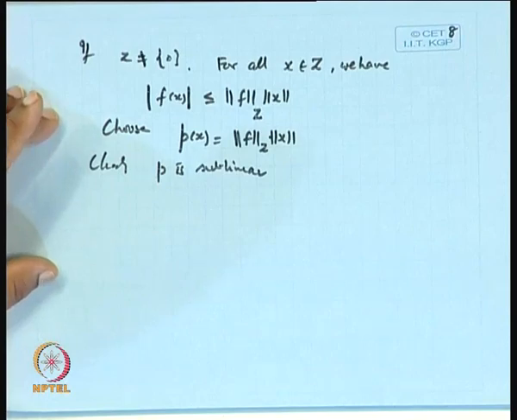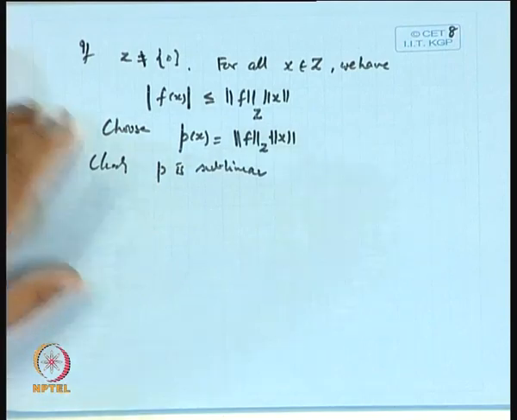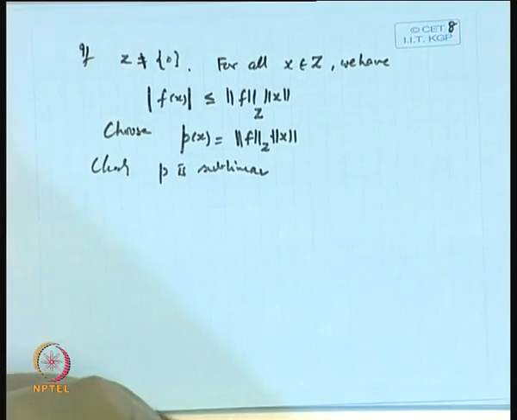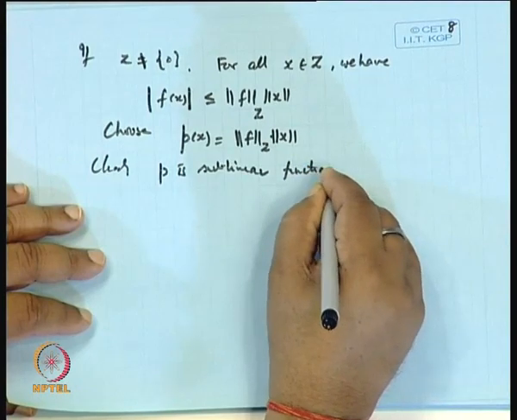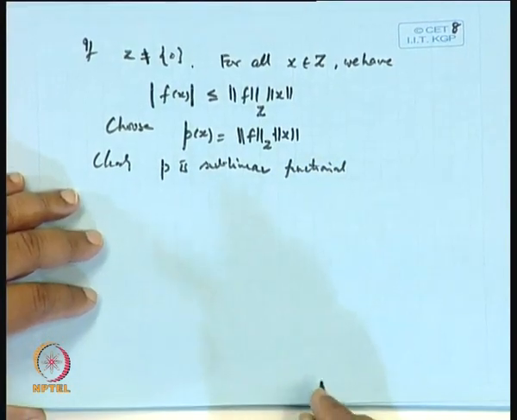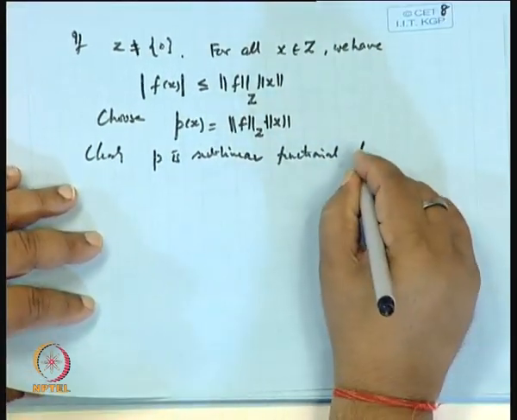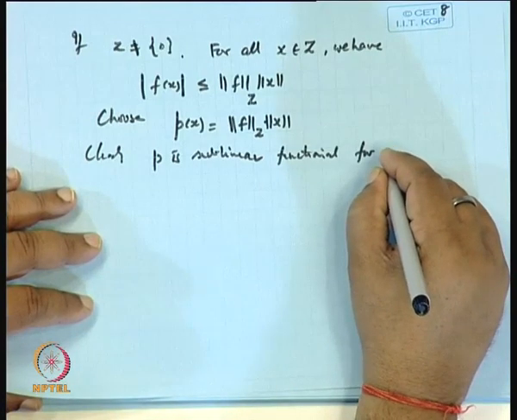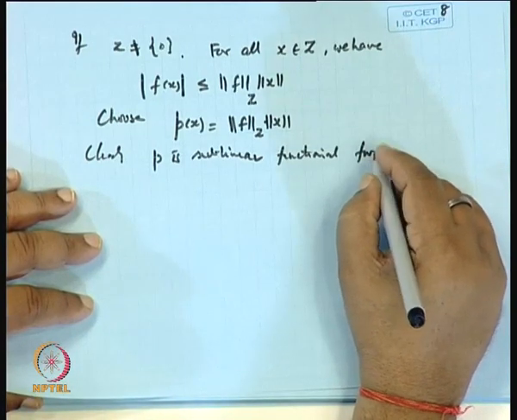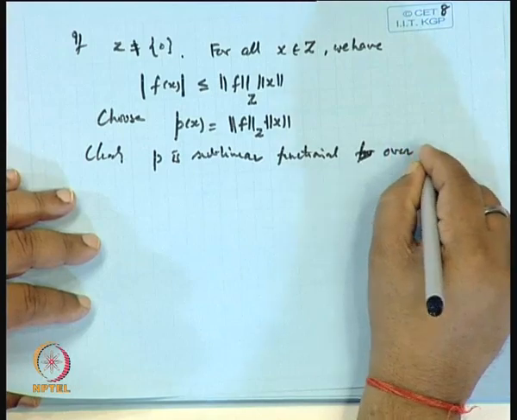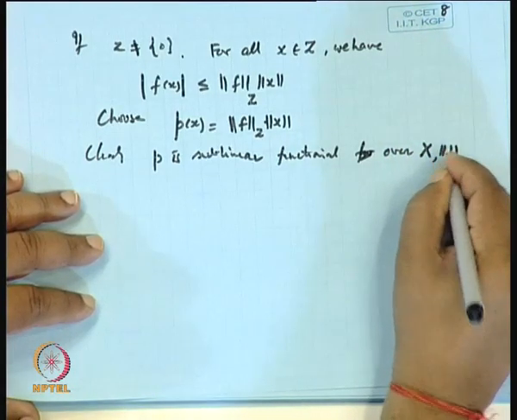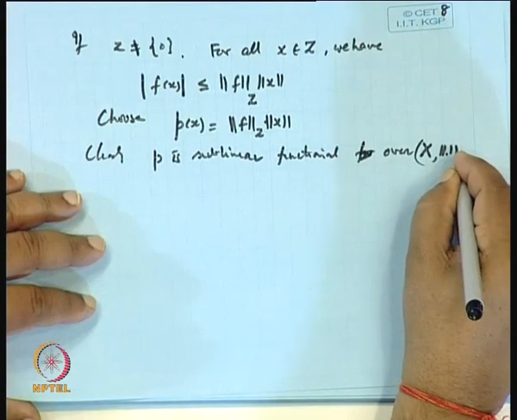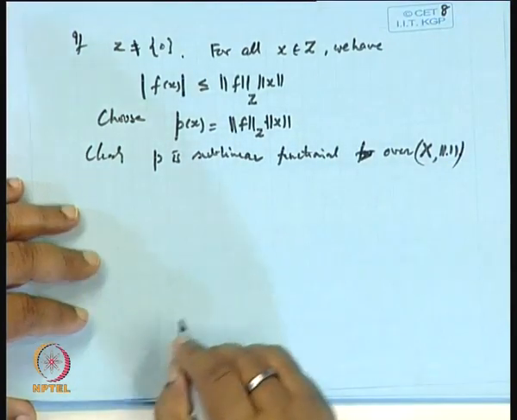Why is it a sublinear functional over the entire normed space X?